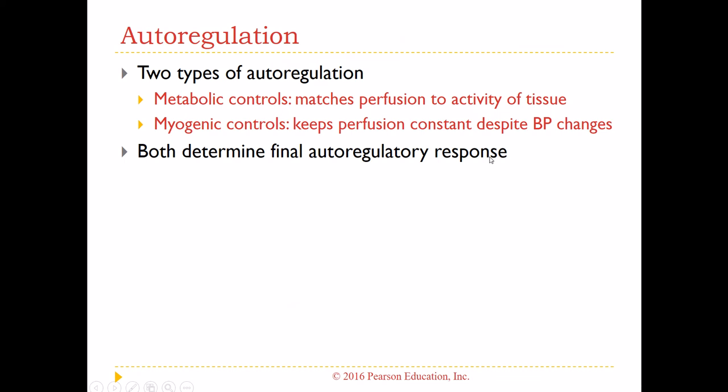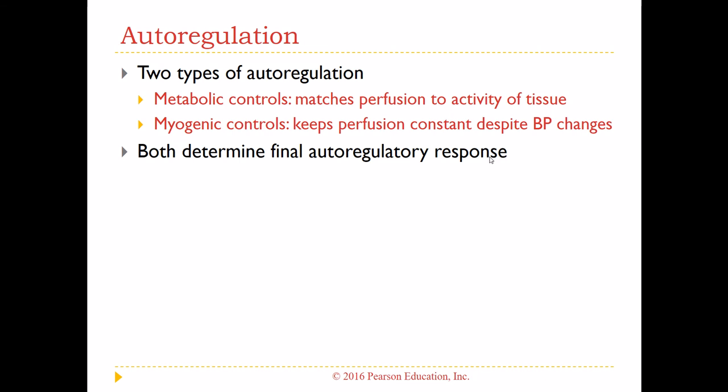at. So there are two types of autoregulation that focus on different things. There's what we call metabolic controls that are really more concerned with matching your perfusion to whether the tissue is active or not.